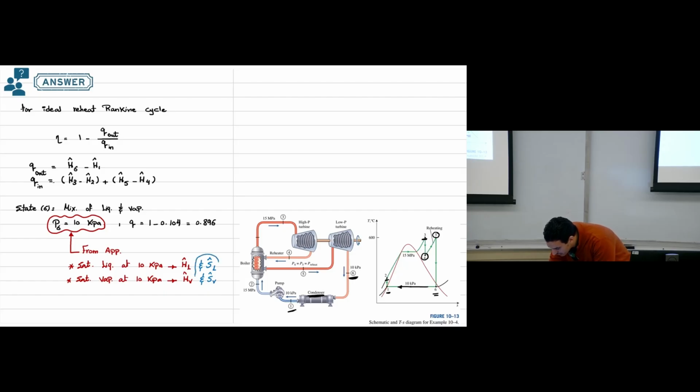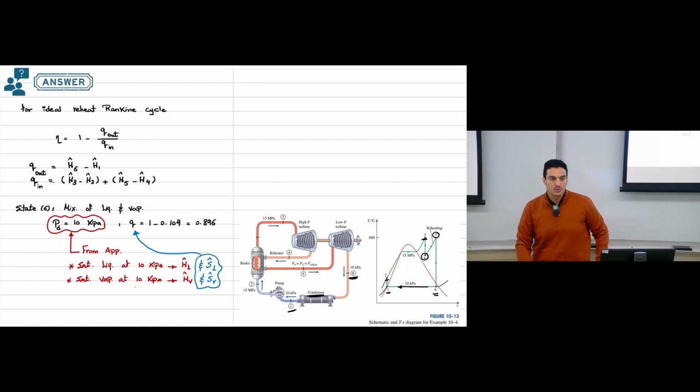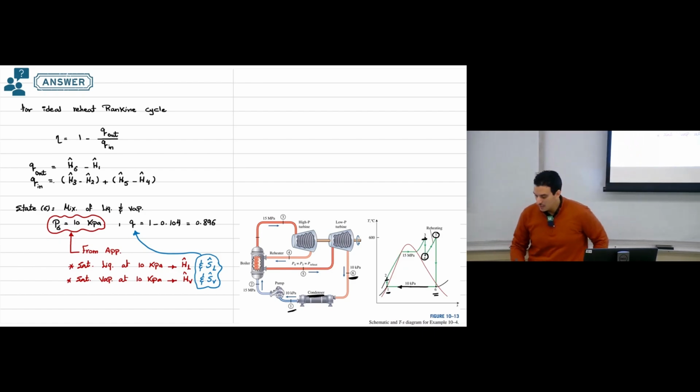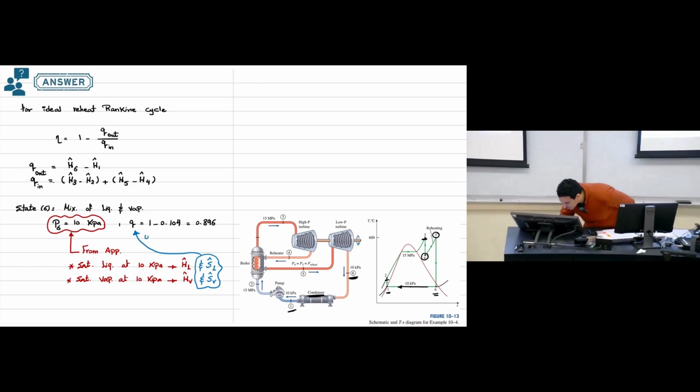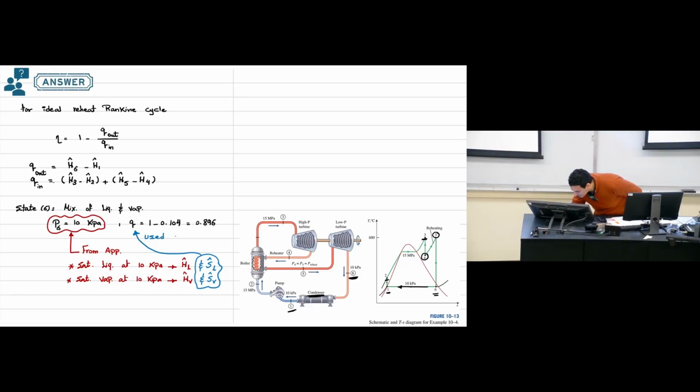These two pieces of information I need in order to calculate quality. But in this example the quality is given, so I didn't need to find these two values.